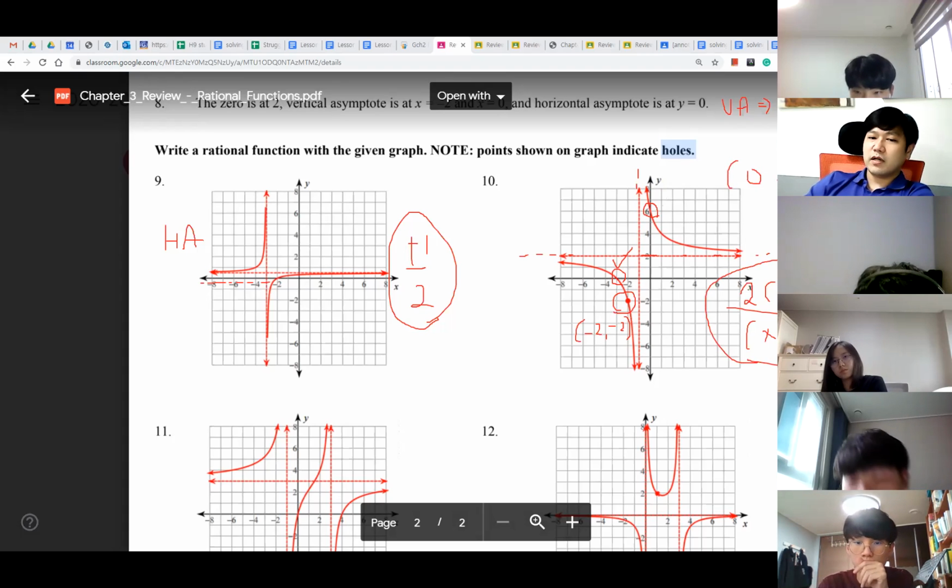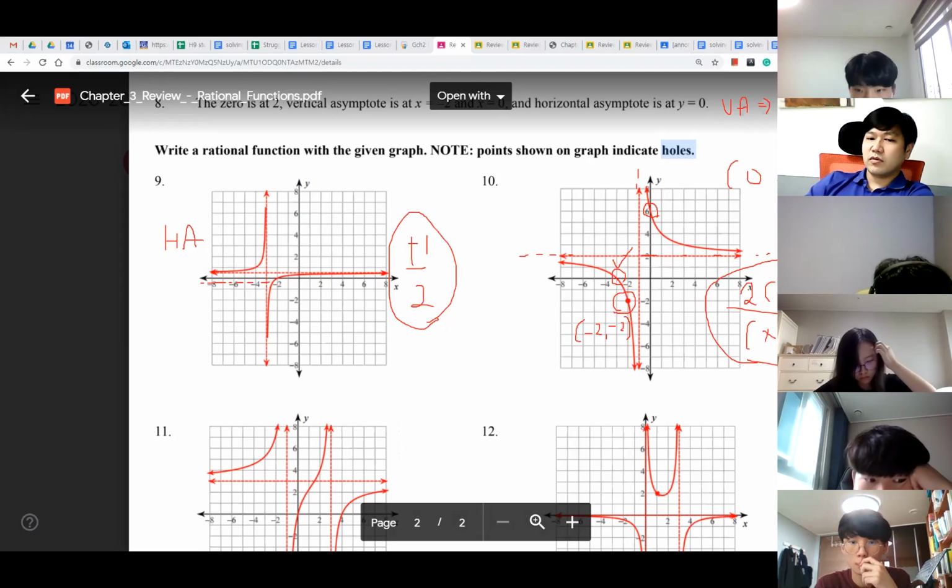Now it looks like it's almost perfect, except we have to check this point. So (0, 6) has to be one of the solutions of this graph, right? So I can plug in 0 for all x's, and I'm going to get 4 times 3 is 12 over 3 equals 4.